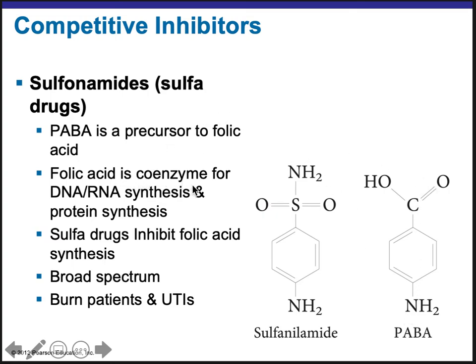Folic acid is a coenzyme needed for processes like DNA synthesis, mRNA synthesis, protein synthesis. So all of these anabolic processes of building things that the cell needs, you're going to need the folic acid coenzyme for the different enzymes in these processes, in these metabolic pathways to be able to work.